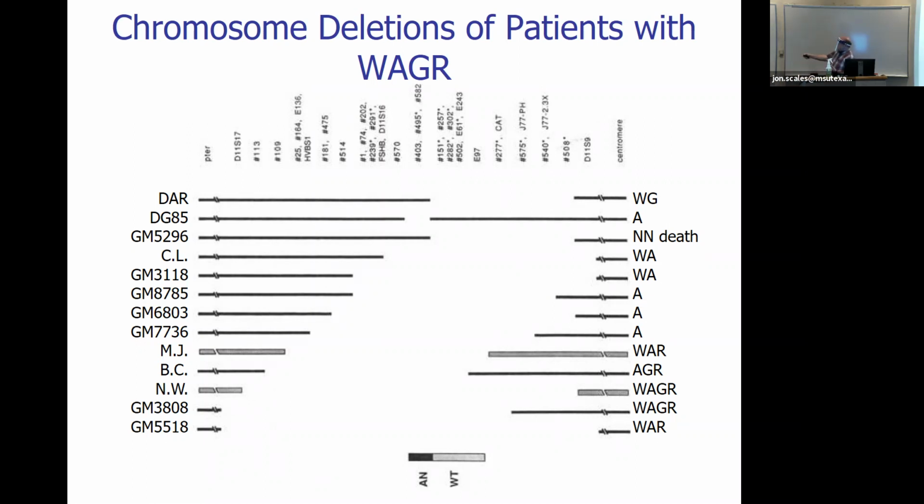This person is missing only this little part, and they only have aniridia. So maybe the gene that causes the problem with the eye is located here, right? You look for the smallest region that might cause the problem. In looking at these kinds of examples, you look for the narrowest window of missing chromosome, and that correlates with the disease.